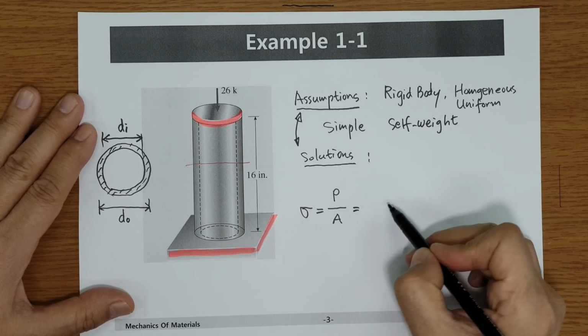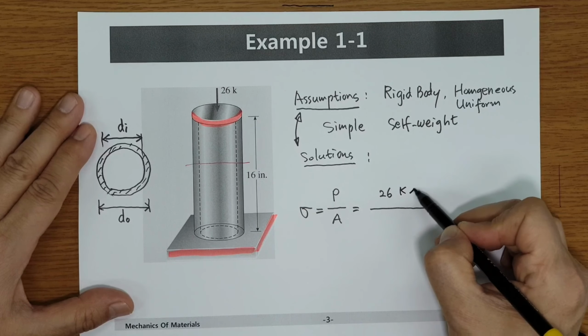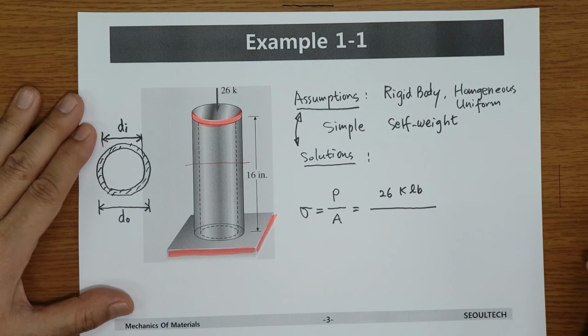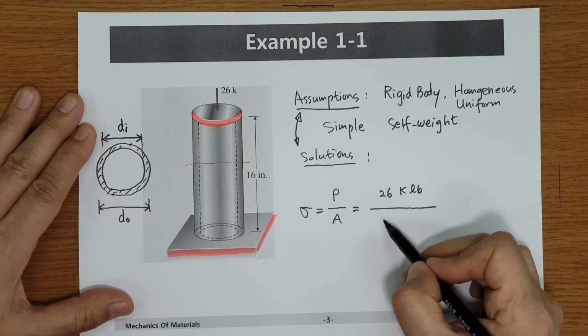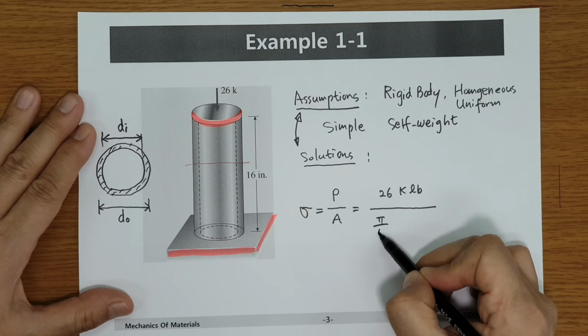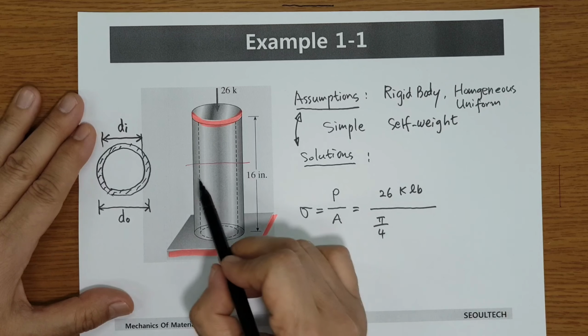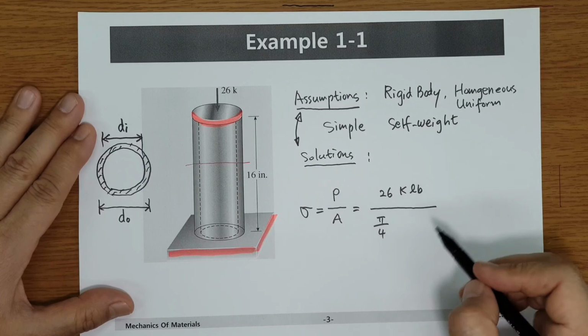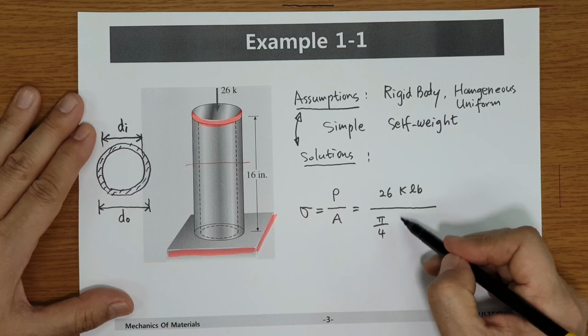External force here is 26 kilo, let's say pounds, and the cross-sectional area A is pi/4. When the inside is solid, we can just apply pi/4 d squared.